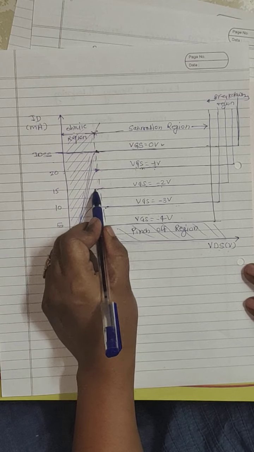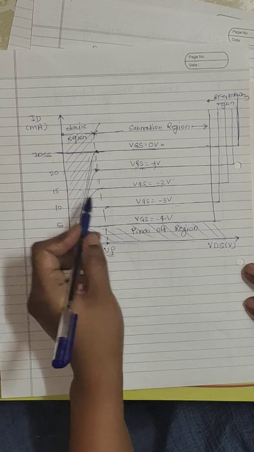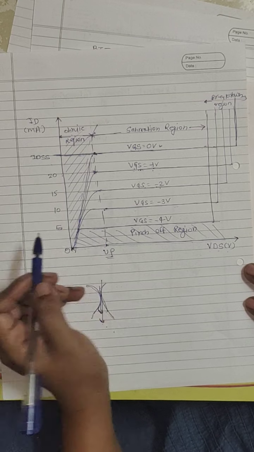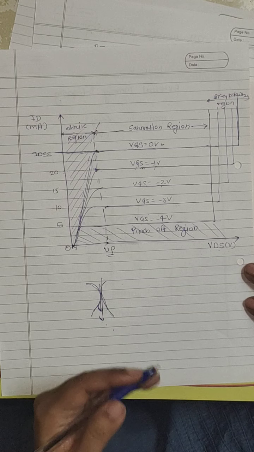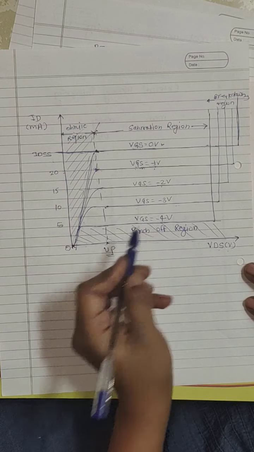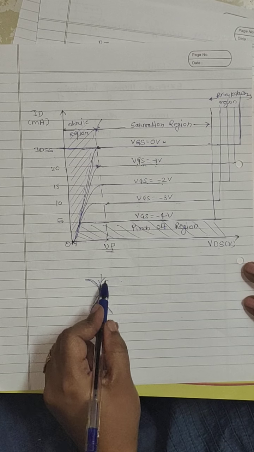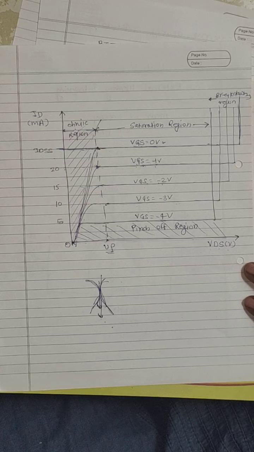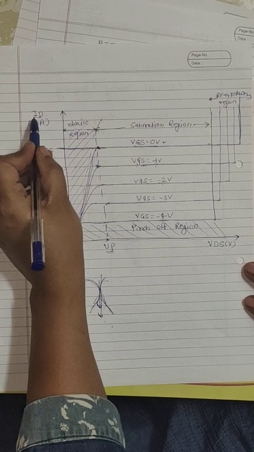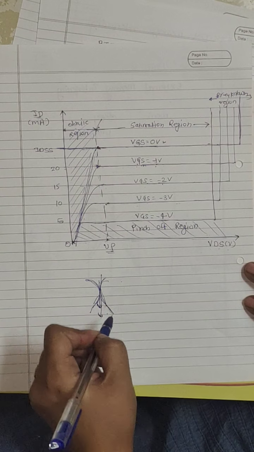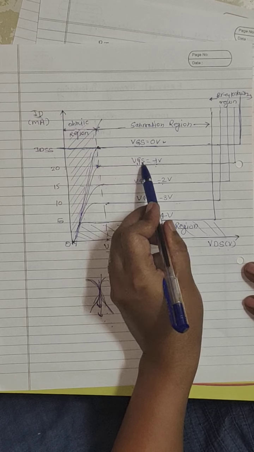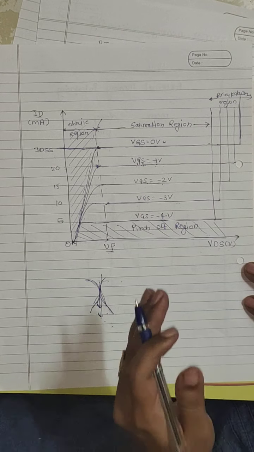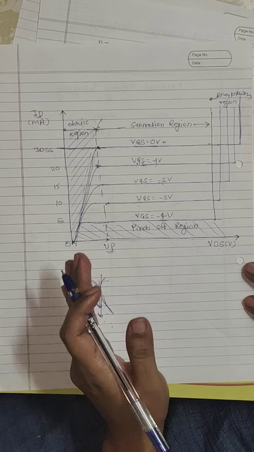decrease and pinch off will occur earlier. Each time we increase the reverse voltage, pinch off will occur earlier and the drain current will decrease. So the output drain current is totally controlled by the input voltage VGS. That's why it is called a voltage control device.